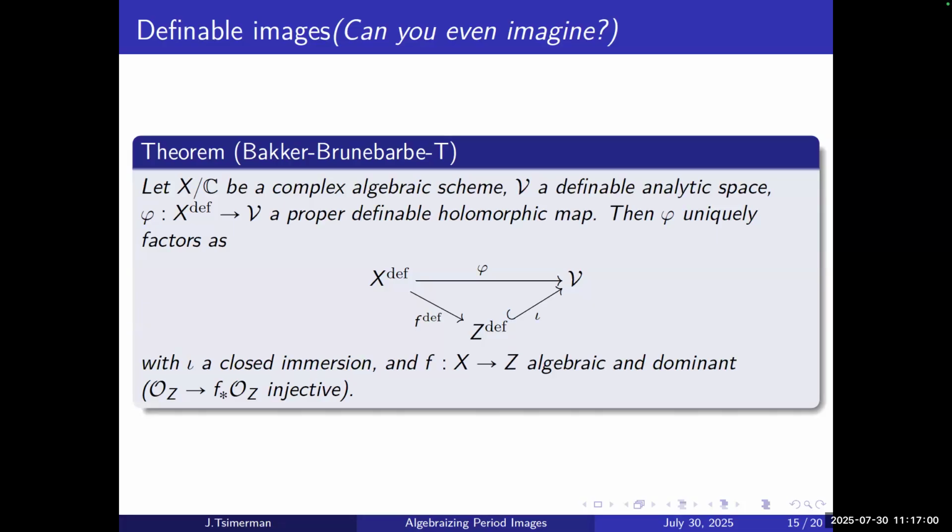We expect that it's true without this condition. Which is different from saying I expect to remove it. Sorry, I don't remember exactly what our thoughts on this were. You have a proper map, and you take the image, like the Baily-Borel.